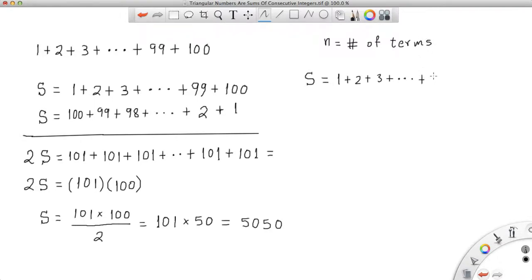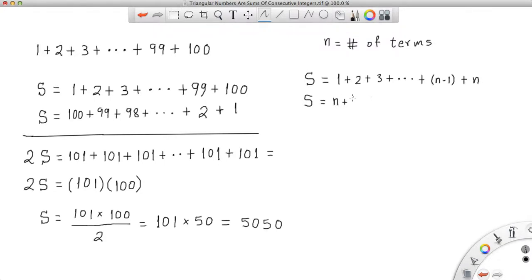So we write n minus 1 before the n, just in the same way that when the n was 100, the n minus 1 was 99. And so we now do the same system. We're going to rewrite the sum, same sum, but with the terms now being added in decreasing order.